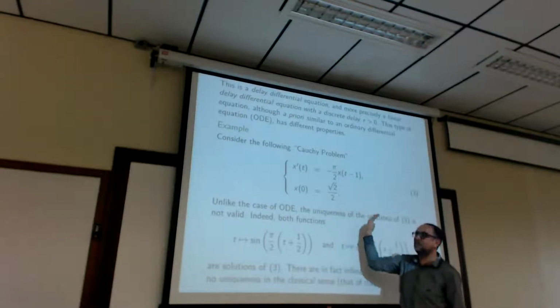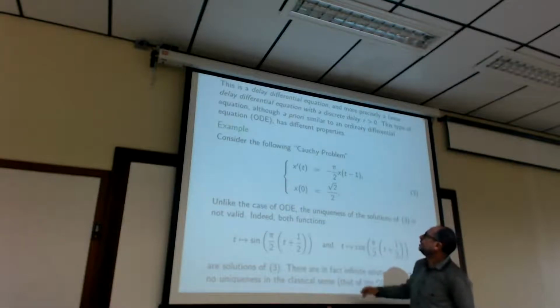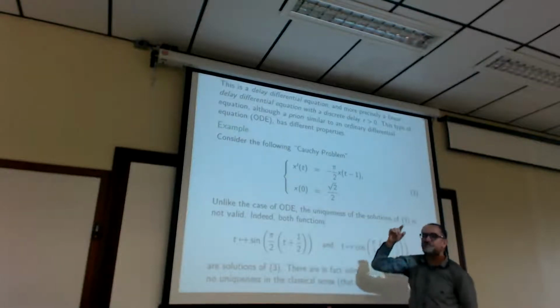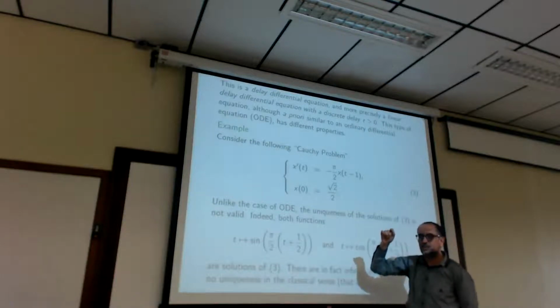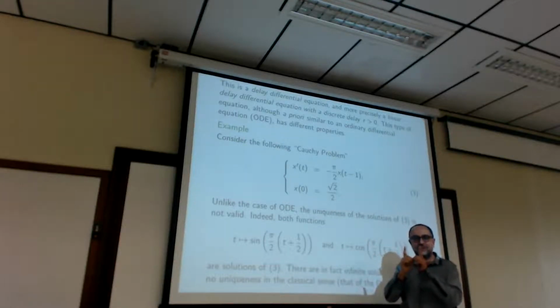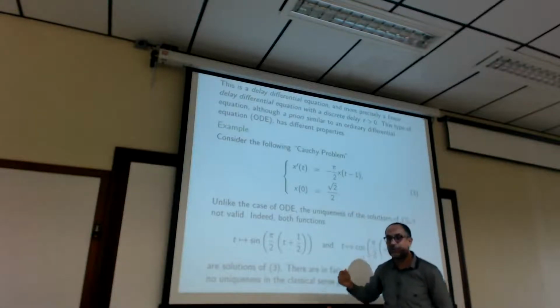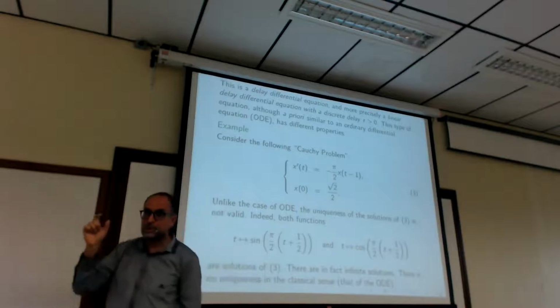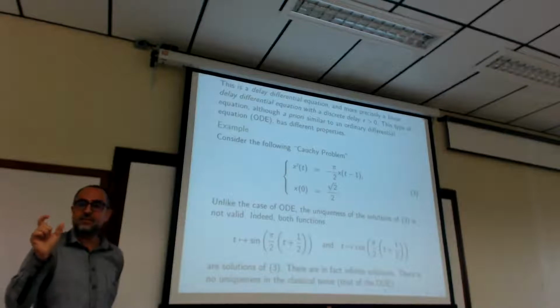Then you have to add it also, because if you want to define the derivative for t equals one half, you will need to know x at minus 1 over 2, etc. That means at the end you will need to know the solution on an interval of length equal to 1 to solve. And this is the difference: the initial condition is a function defined on an interval of length equal at least to the delay.